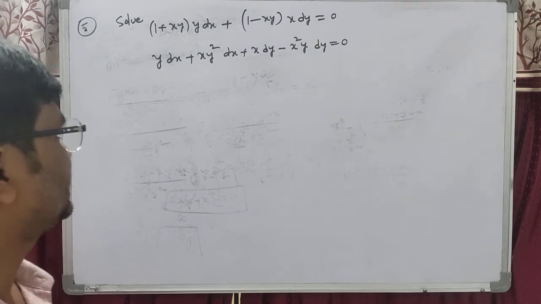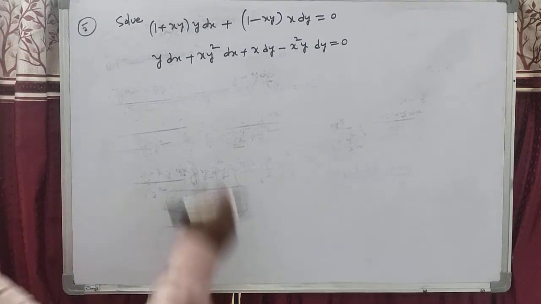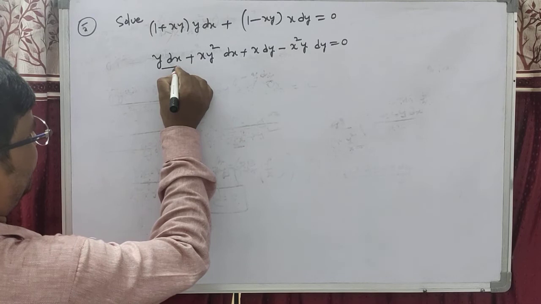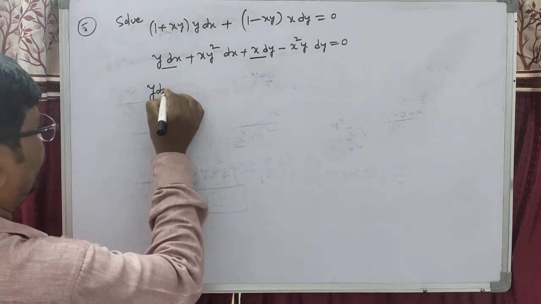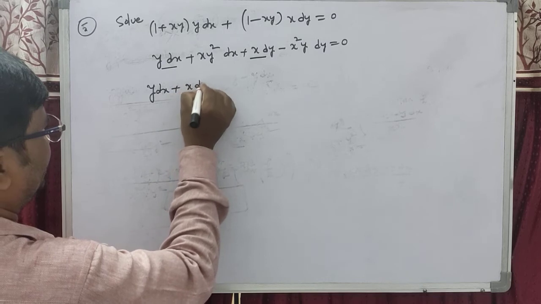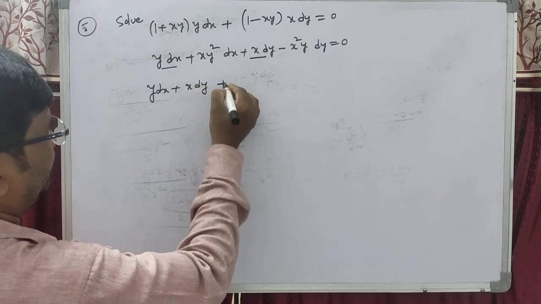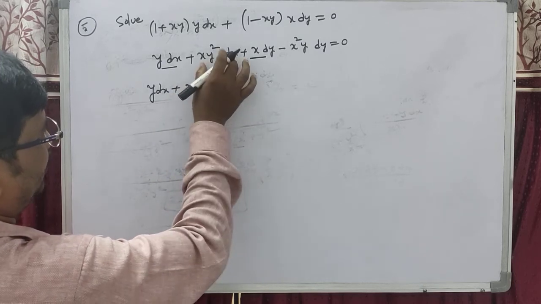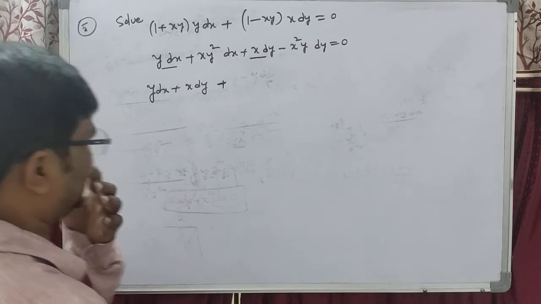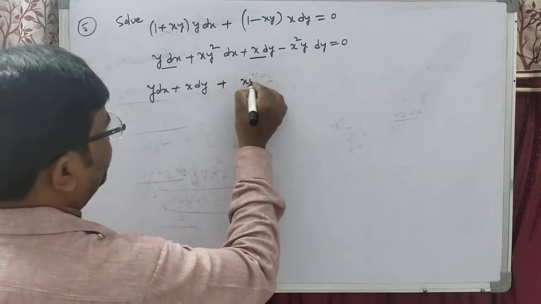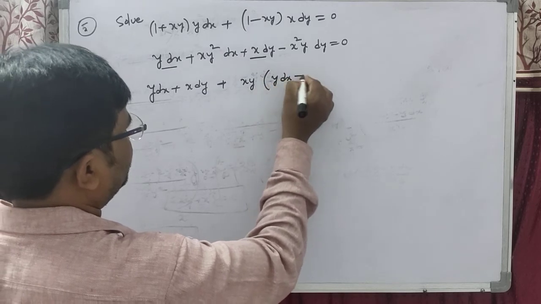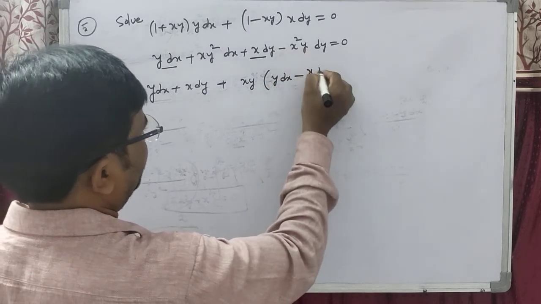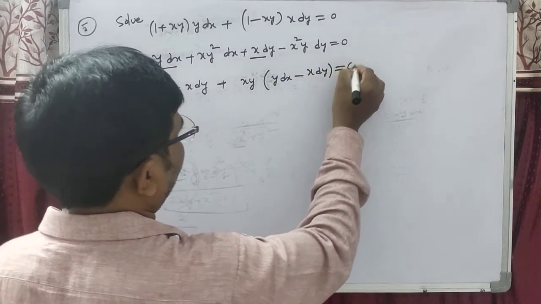My dear students, all of you observe here, the y dx is there, x dy is there. We are taking the common term xy. That is, y dx is there minus x dy.